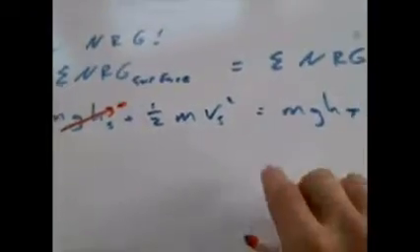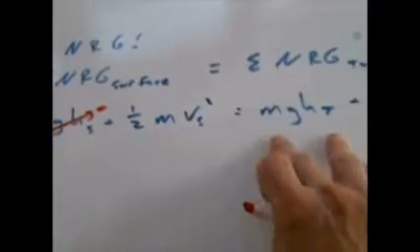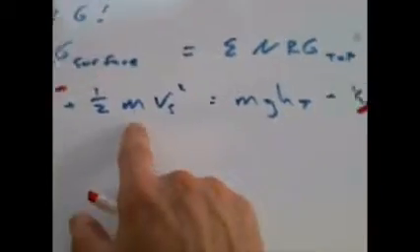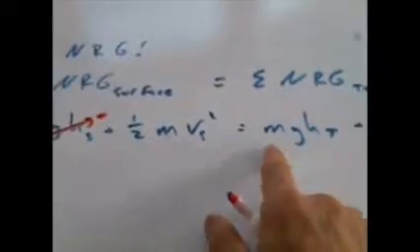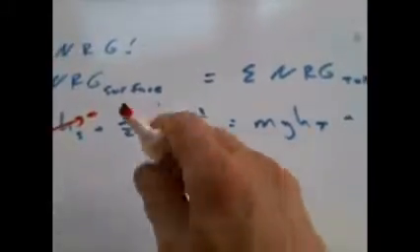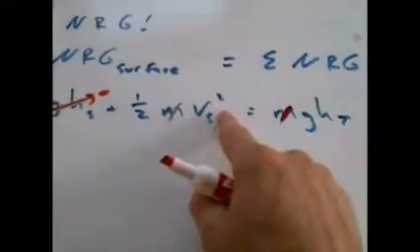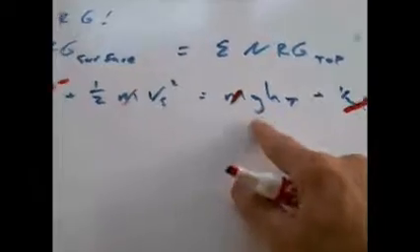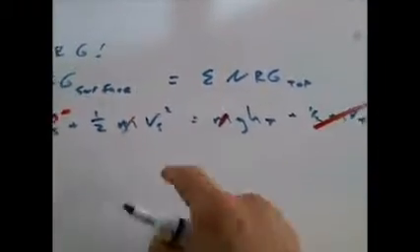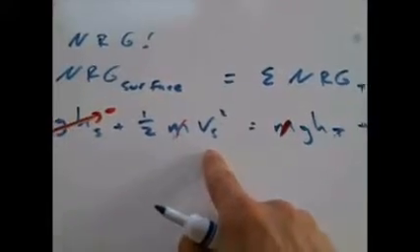Kinetic becomes potential. The mass of those water droplets doesn't matter, so we can cancel the masses. So I have 1/2 velocity at the surface squared is the same thing as gh at the top. So if I do normal rearranging, I want the velocity at the surface.